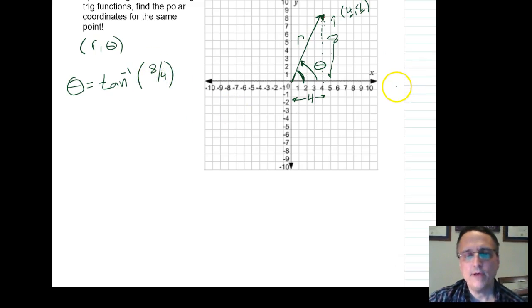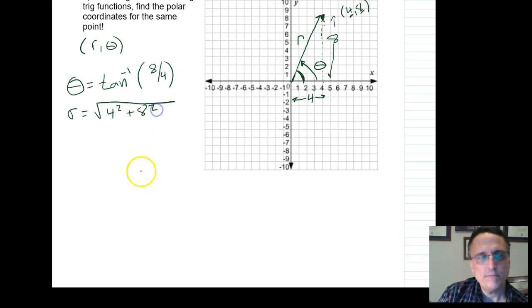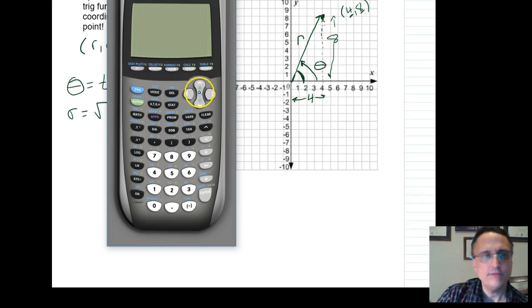I'm going to find theta by using the tangent function, or actually the inverse tangent. That angle is going to be the inverse tangent of the opposite over adjacent. And then r, using the Pythagorean theorem, is going to be the square root of 4 squared plus 8 squared. I'm going to bring my handy dandy calculator back into view.